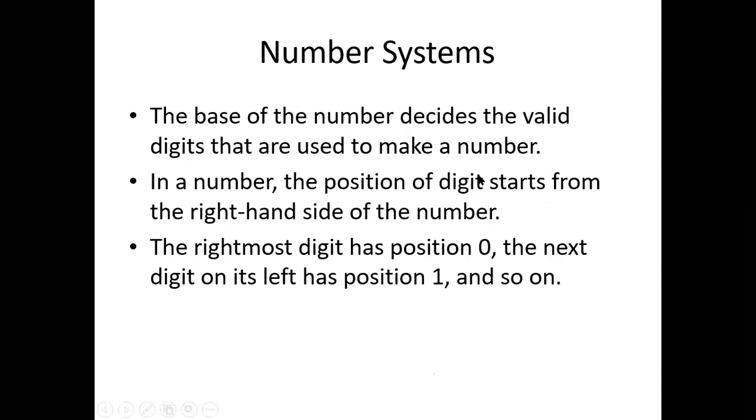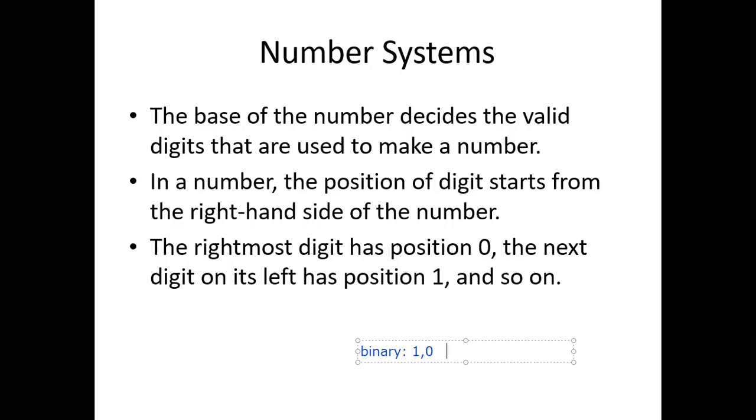So the number system will determine which digits are valid and which are not valid. For example, if we use the binary system, the digits that are accepted are these.